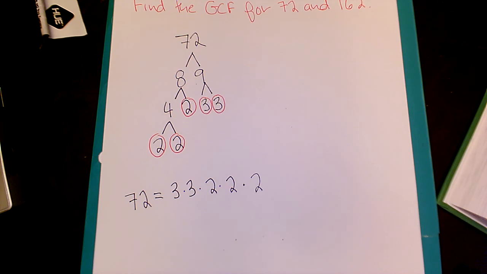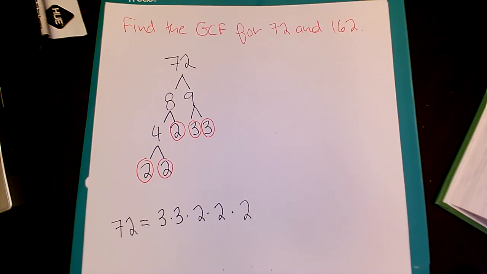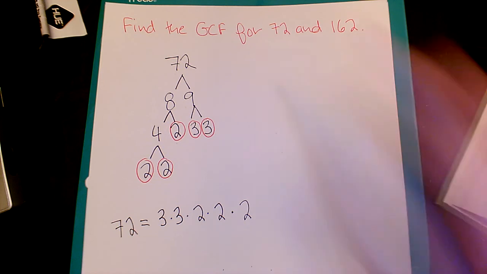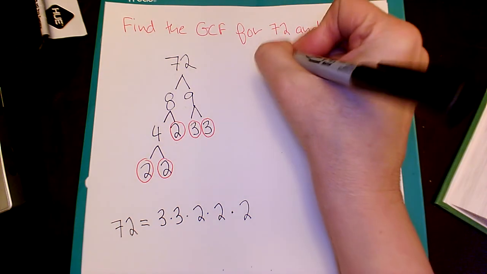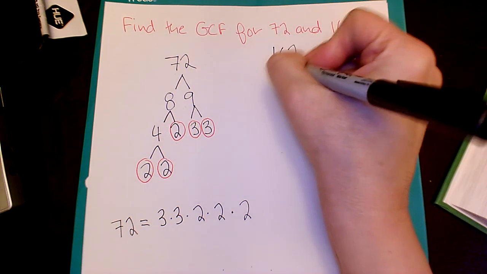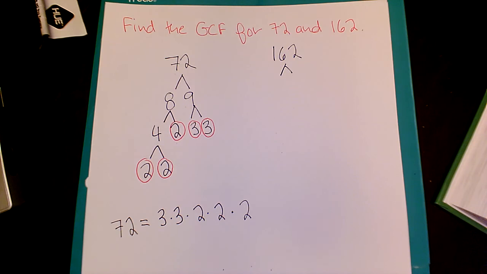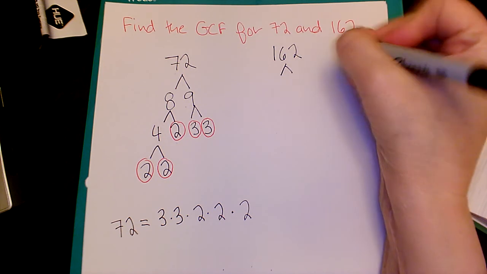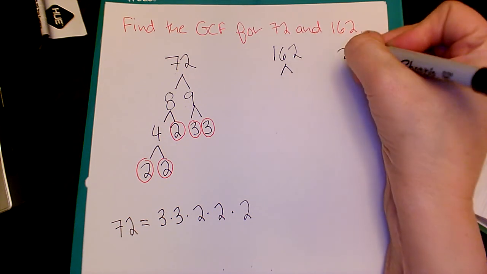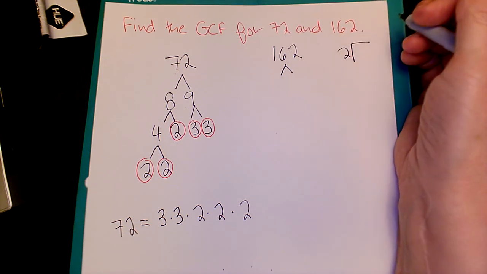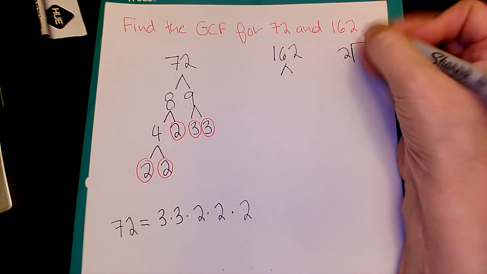Okay. So let's come back here and look at the 162. That's a bigger number. I put that at the top of my tree, and I want to branch off. Well, I know 2 goes in, because it ends in a number that can be divided by 2.